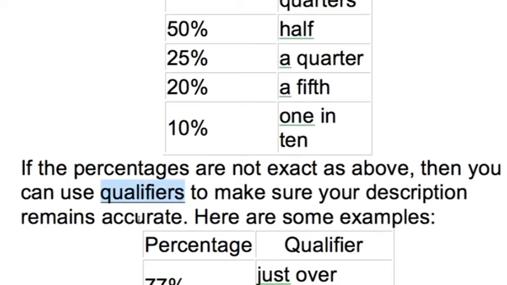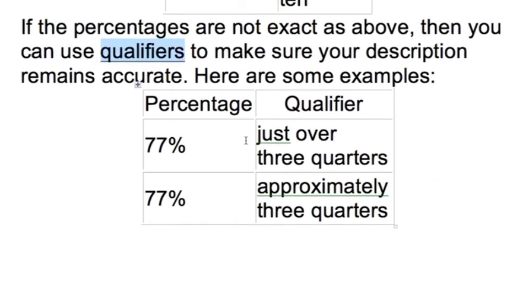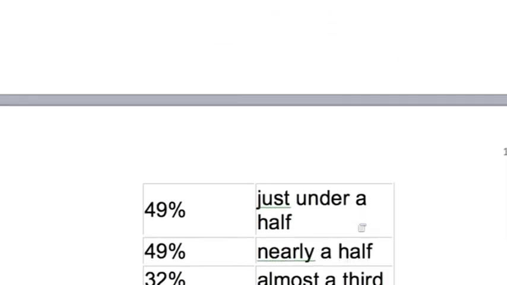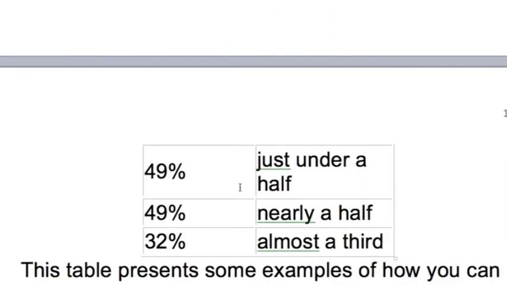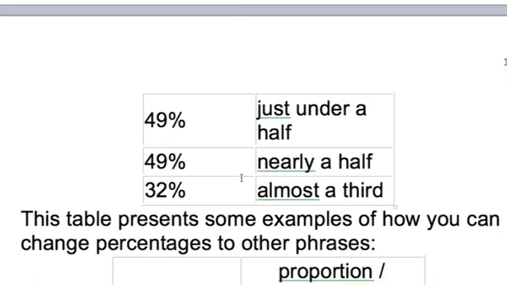What are qualifiers here? So there is some example that I have just given. If it is 77%, then you can use a qualifier like just over 3 quarters. You can use that instead of 77%, right? And then if it is 49%, you can use just under a half, and 49% you can also call nearly a half, and if there is 32%, you can say almost a third.